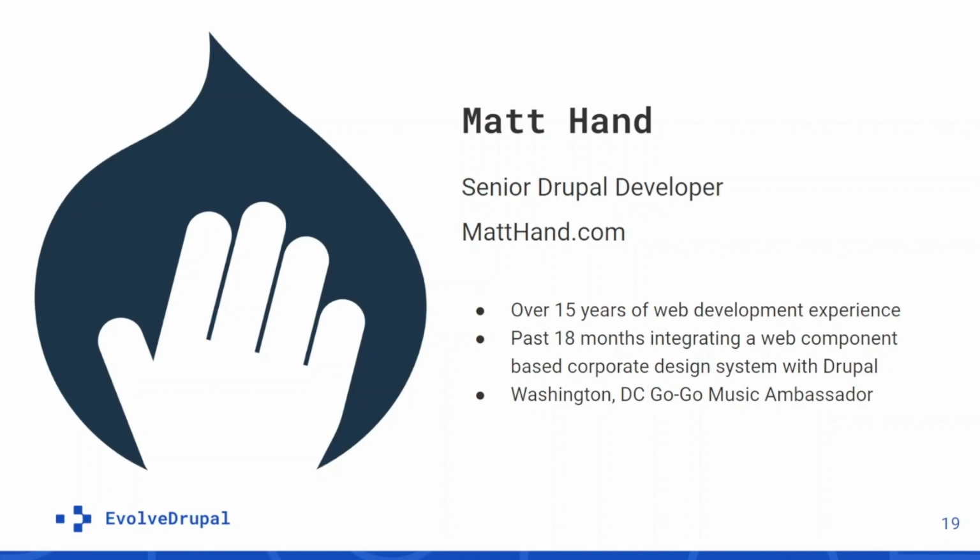And also I'm a Washington, D.C. go-go music ambassador, self-declared. And I'm wondering who in this room knows about go-go music? Okay, I'm in the right place. You're all about to learn. Washington, D.C. has created a unique music genre called go-go.